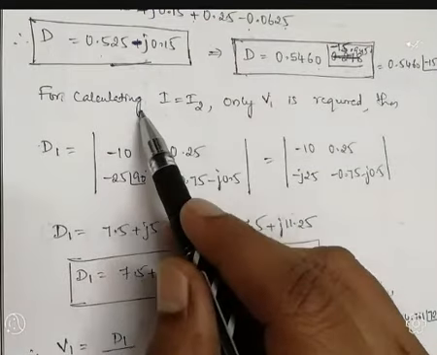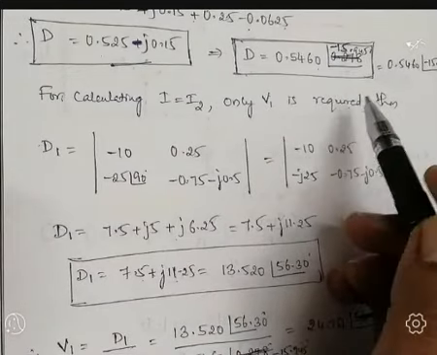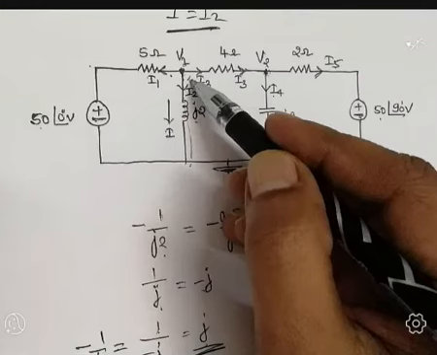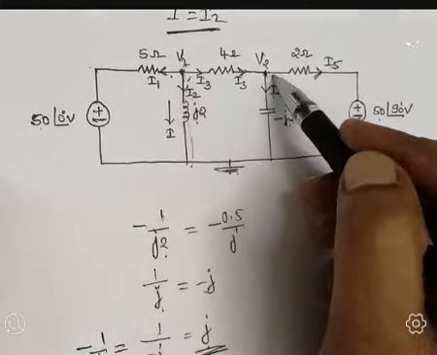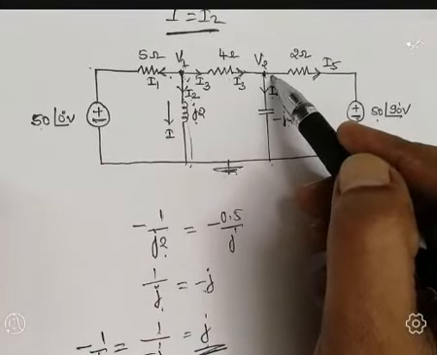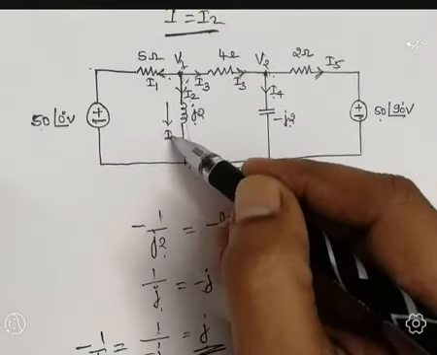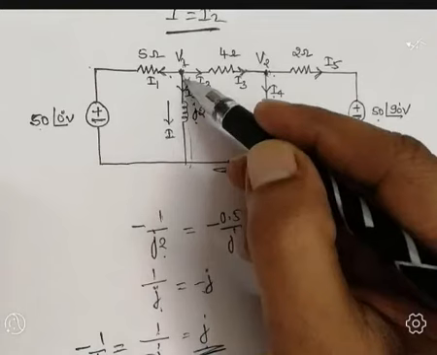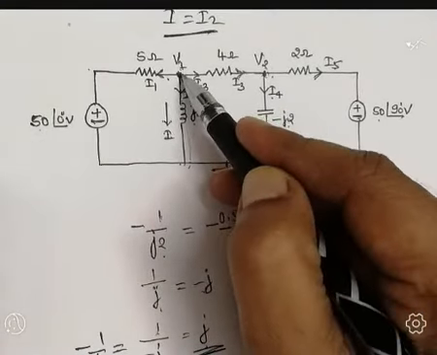For calculating I equal to I2, only V1 is required. Why is V1 required? Because we got equation number 1 and equation number 2 with two unknowns, V1 and V2. Is it necessary to calculate both? Not necessary, because the problem statement asks to find the current I. The current I is flowing through this branch, and through this branch only one voltage is present, that is V1.